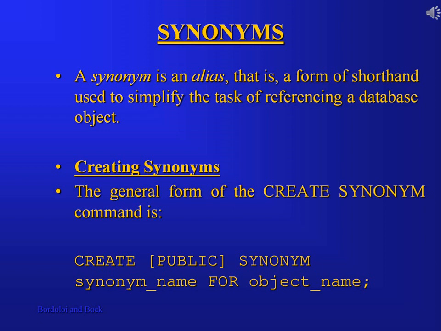Next is synonyms. A synonym is an alias or alternate name for a table, view, sequence or other schema object. They are used mainly to make it easy for users to access database objects owned by other users.